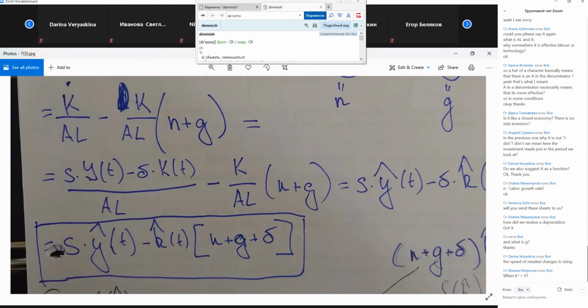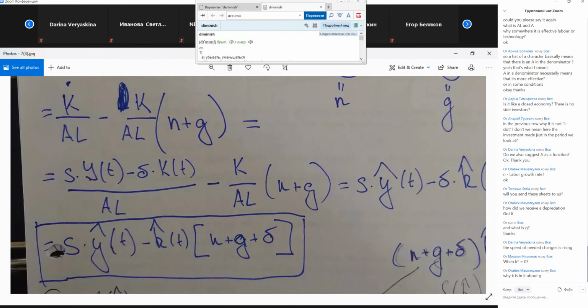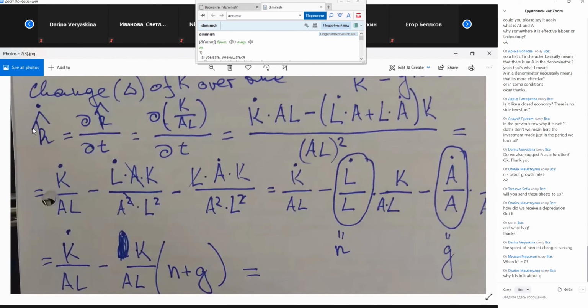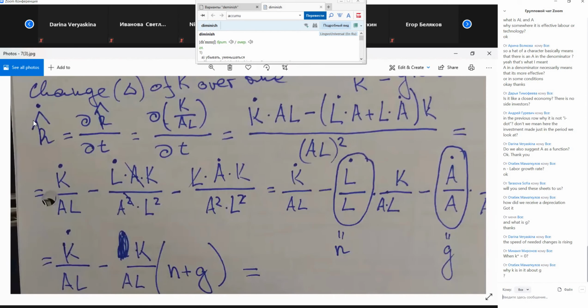So it's the dot of k, or the dot over k hat, which is equal to 0. Why isn't it? So I don't get the question.